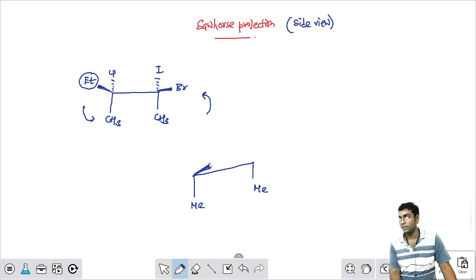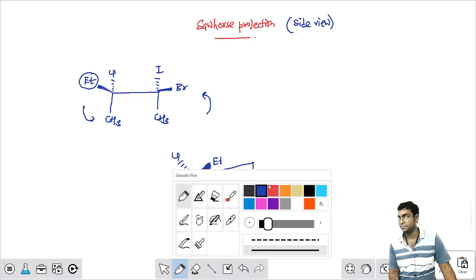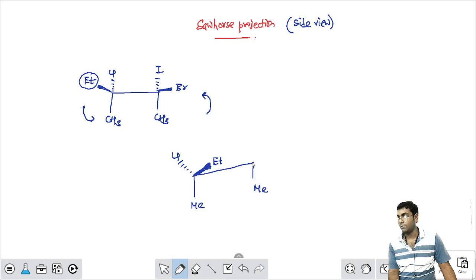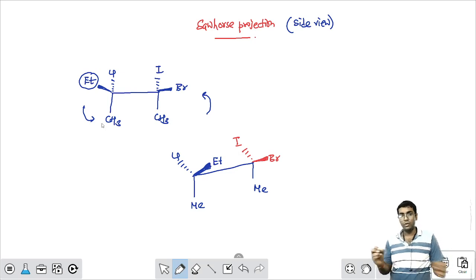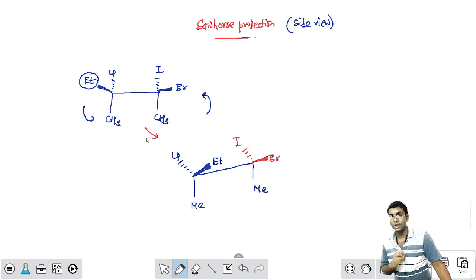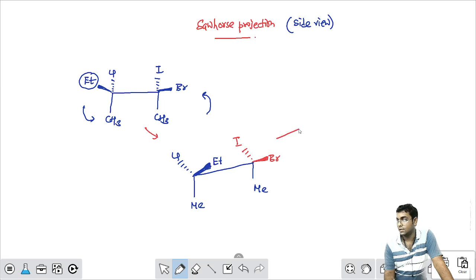Same thing, how you see the molecule. So it is ethyl and below the plane was chlorine. For the back carbon, above the plane is bromine and below the plane is iodine. Same thing, if you rotate it, it will look like this one, right? If we change the direction of your eye. Now this is represented as this one.